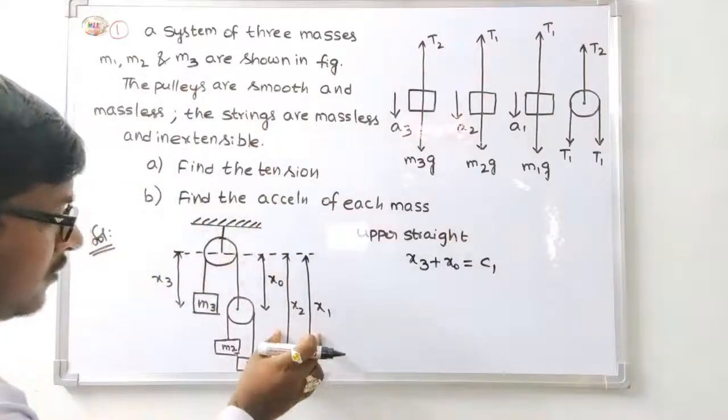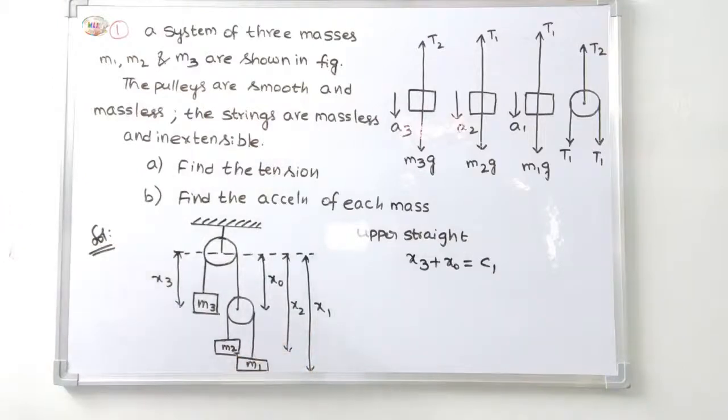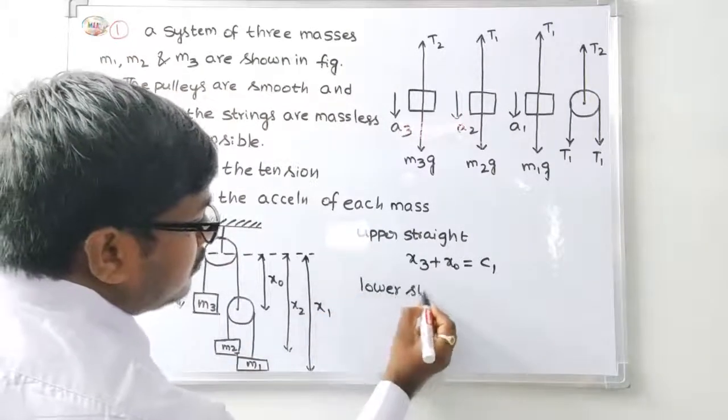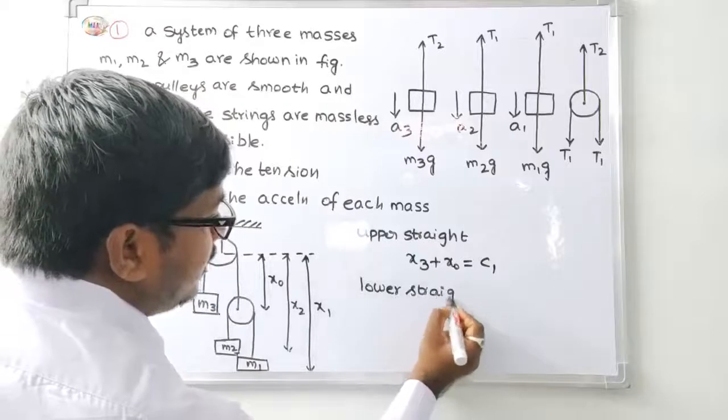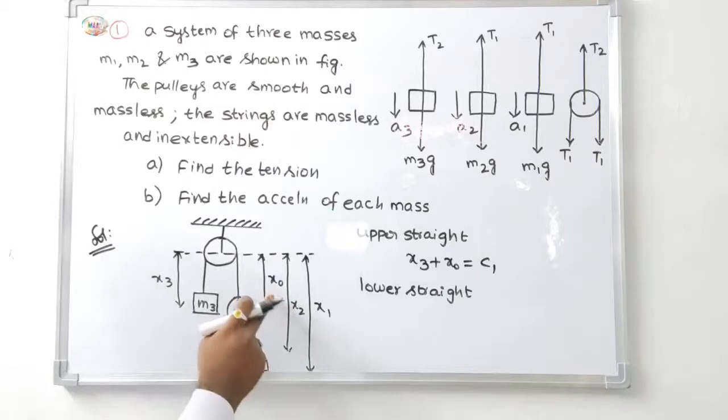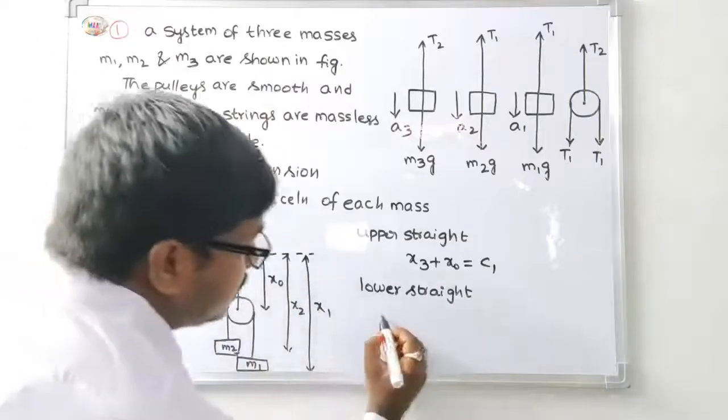Now the lower string: x2 minus x0 plus x1 minus x0 is equal to c2.